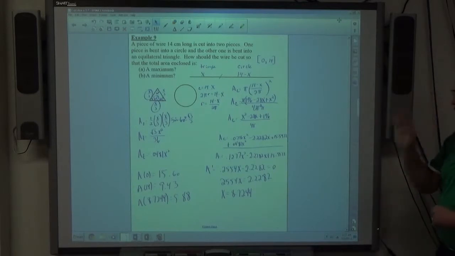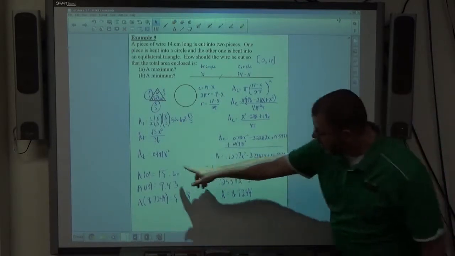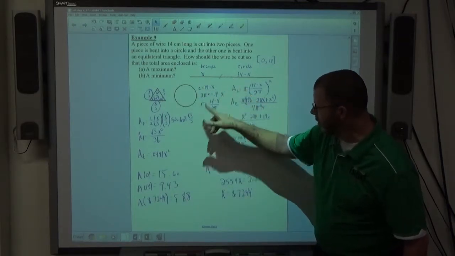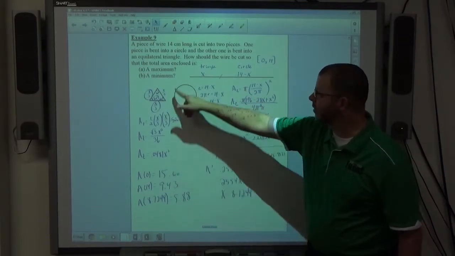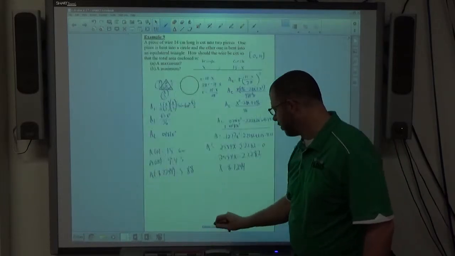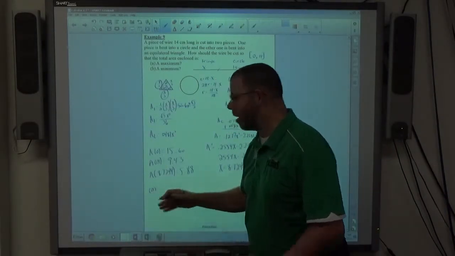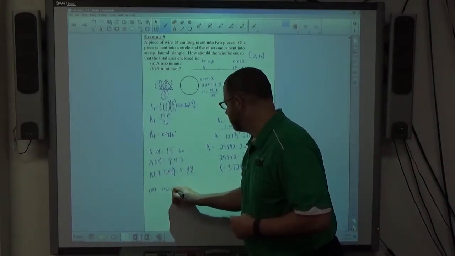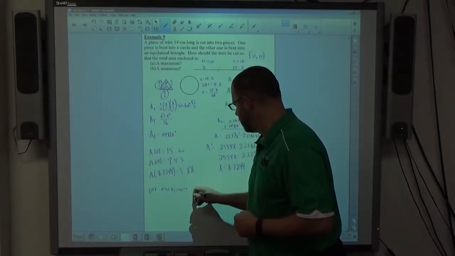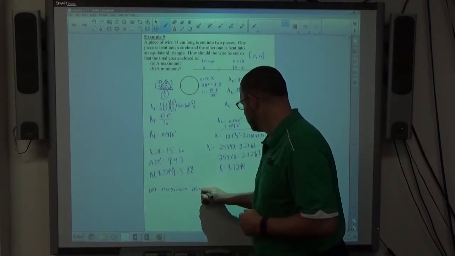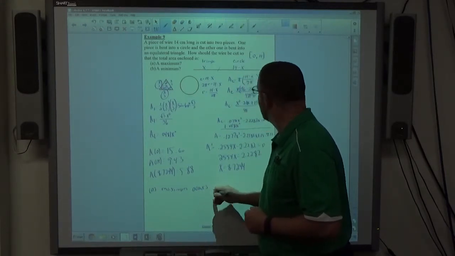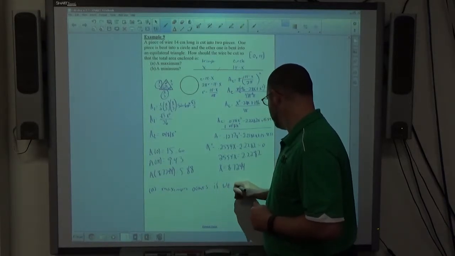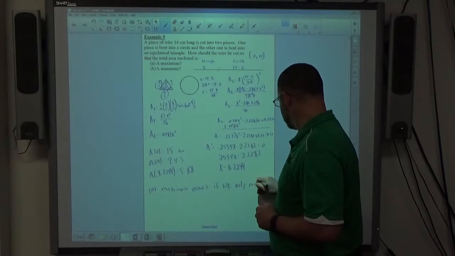So looking at this, if we make x equal 0, so no triangle, only a circle, we get the maximum area. For part A, as far as answering this is concerned, it's just a matter of establishing how to cut this wire. Part A, maximum occurs if we only make a circle.